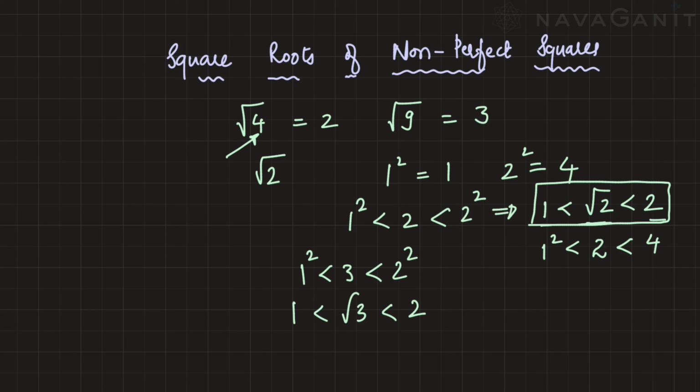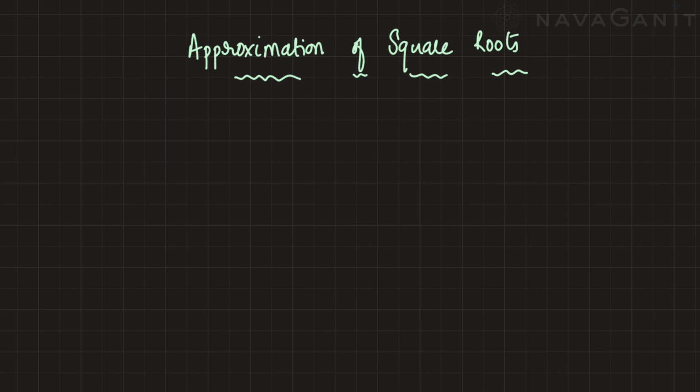So now I know that square root of 2 and square root of 3 lie between 1 and 2. But then how do I find the value of square root of 2 and square root of 3? As it turns out, we won't be able to find the exact square root of numbers which are not perfect squares, but we can find the approximate value of square roots through trial and averaging methods.